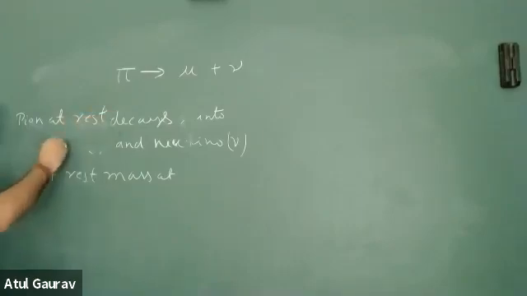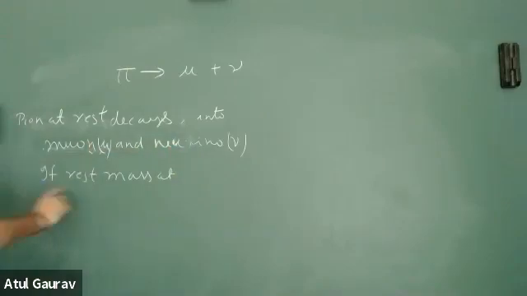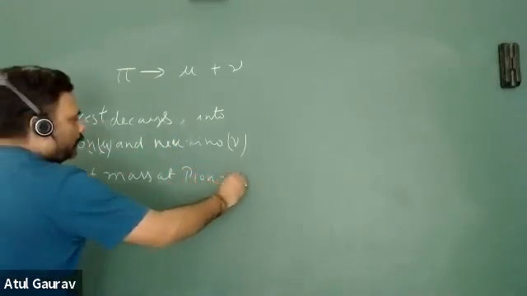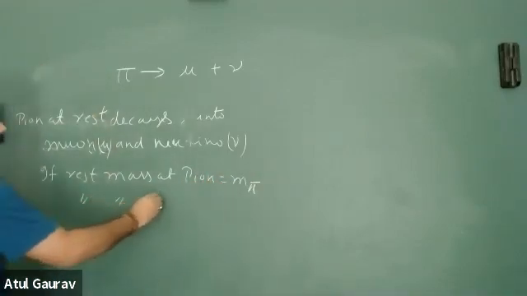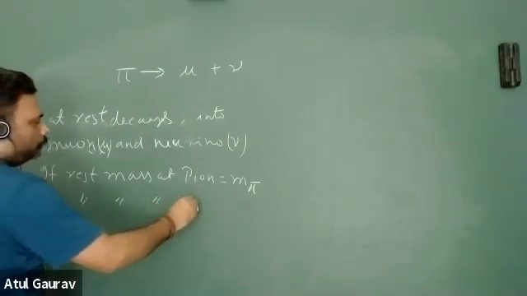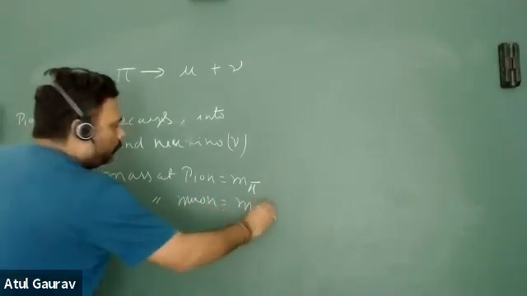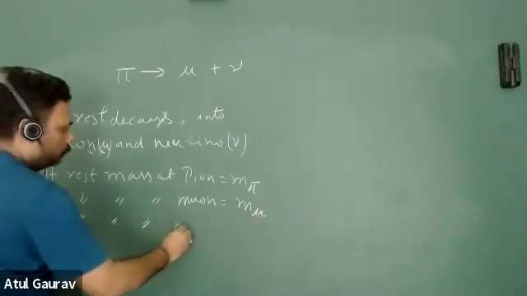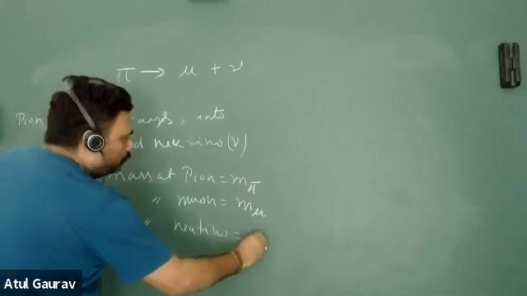The rest mass of the pion is m pi. The rest mass of the muon is equal to m mu. The rest mass of the neutrino is equal to m nu.